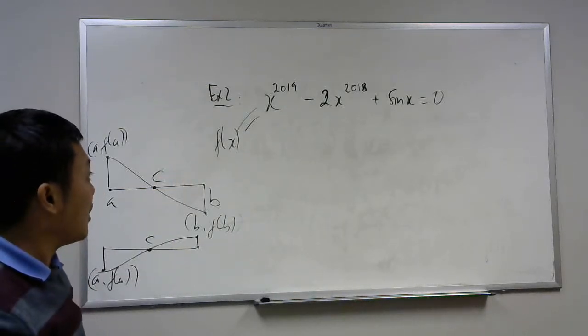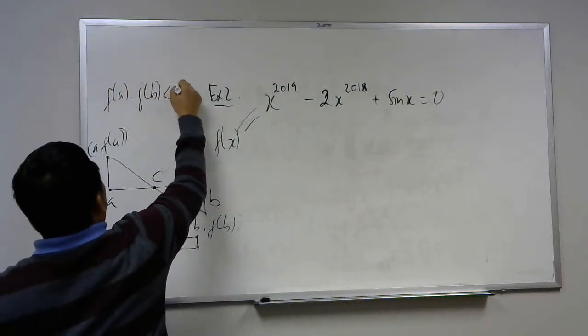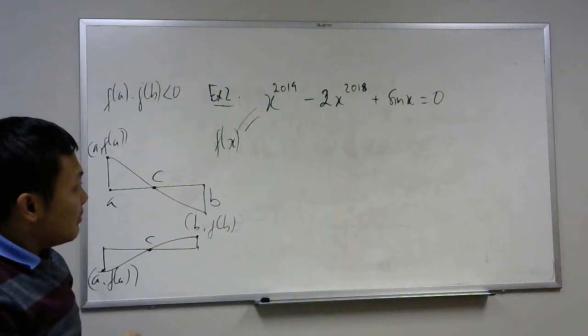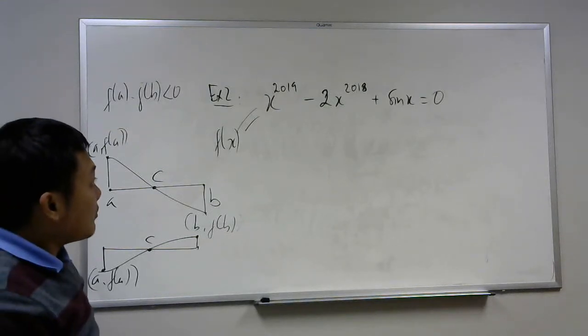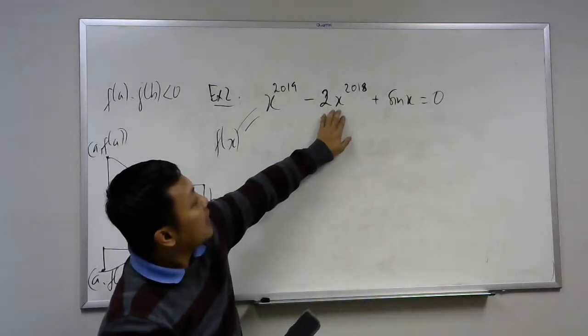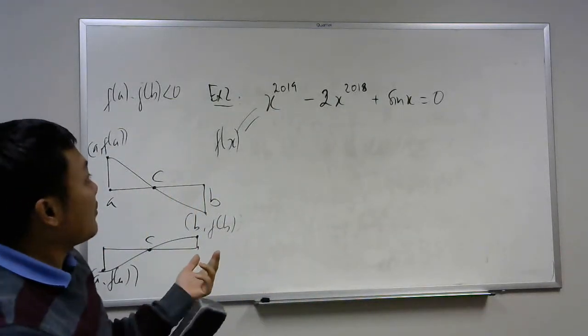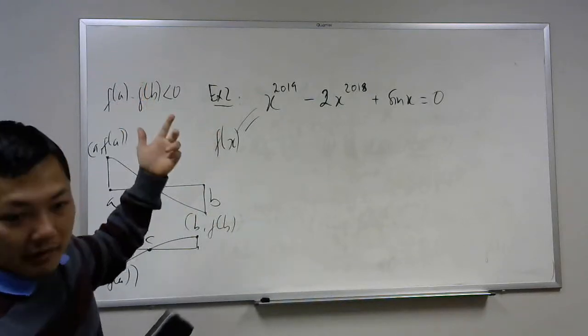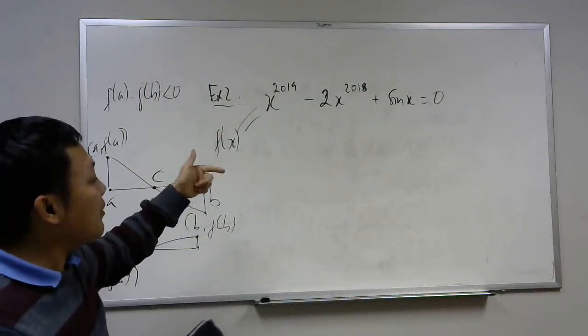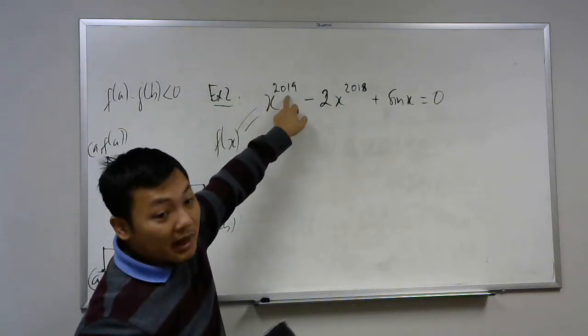So we need to pick another point because we need the condition f(a) times f(b) less than 0. The only thing is you need to compare this and this, because sine takes values only between -1 and 1. So if you pick x very big, you will get f(x) greater than 0, because the power here is 2019, right?